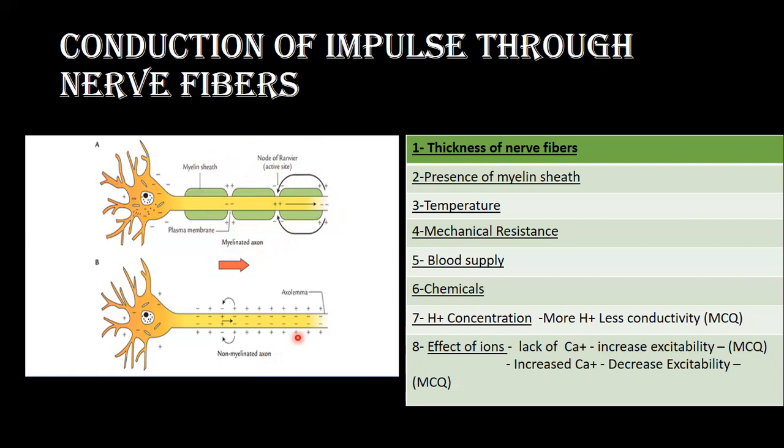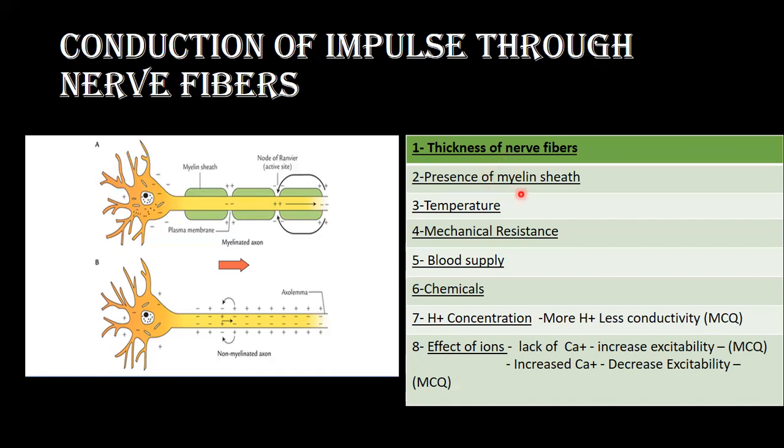Then when we talk about the factors which determine the speed, in the myelinated it is a fast conduction, and in non-myelinated it is a slow conduction. We define this by these parameters. Like the thickness of the fiber: the thicker nerve fiber conducts rapidly as compared to the thinner one.